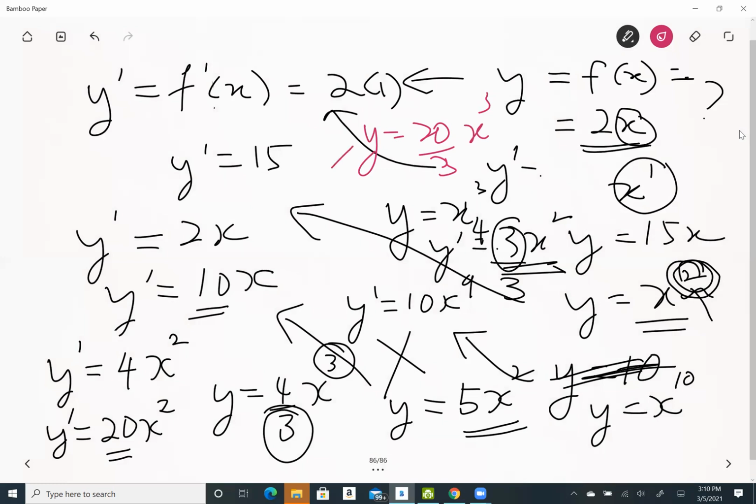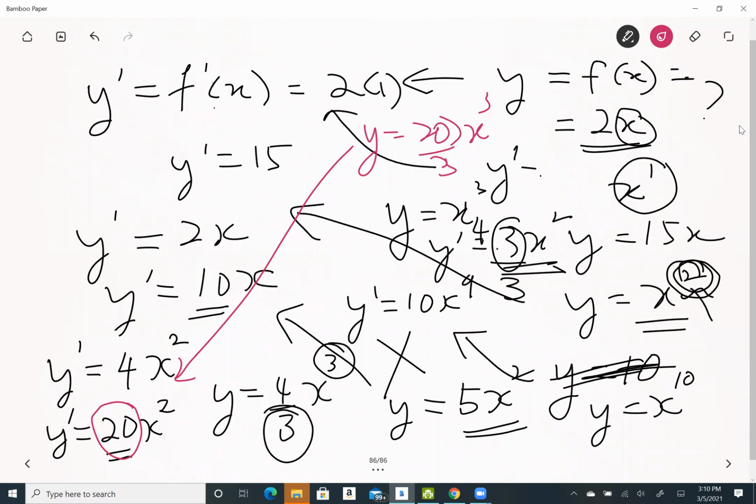So you differentiate that, I got 20x squared. Because the 3 brings down, divide by 3, you got 1, and then I got the 20 there. So the simple rule is this. You multiply by the constant that you want, and then you divide by the power of the x that you differentiate.